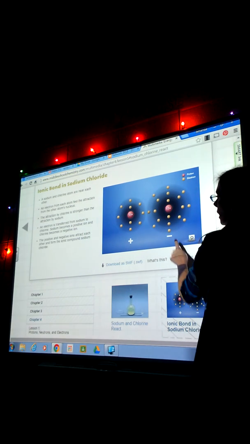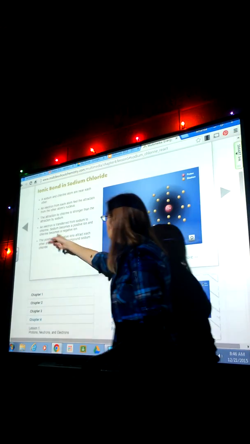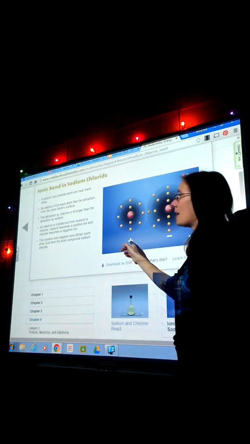So watch how that works again. Electron is transferred from sodium to chlorine. The sodium becomes positive, and the chlorine becomes negative. Opposites attract. And now, there's another term that we have to look at. The term ion. That type of bonding is called ionic bonding. Sodium becomes a positive ion instead of just the word atom.